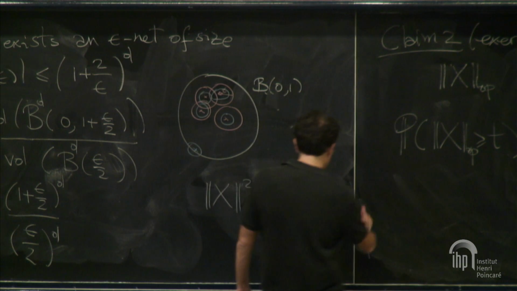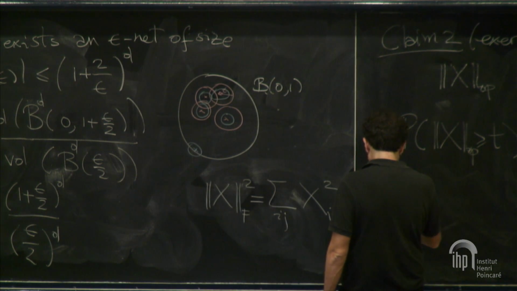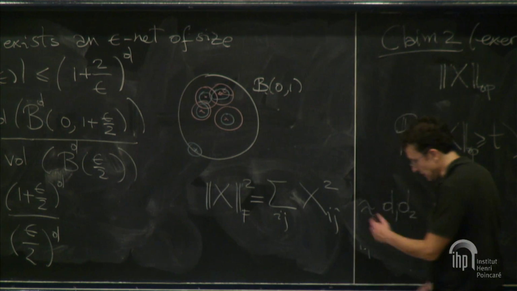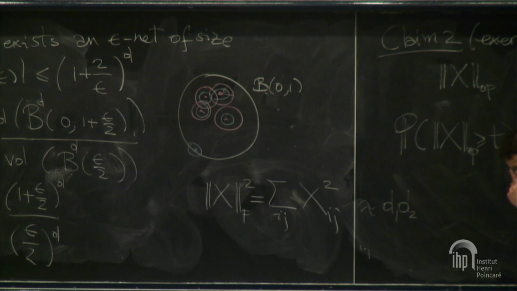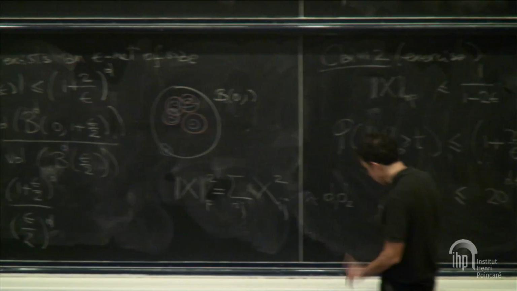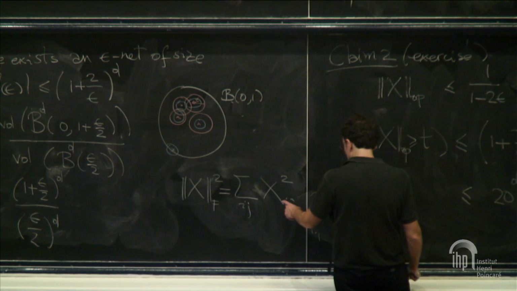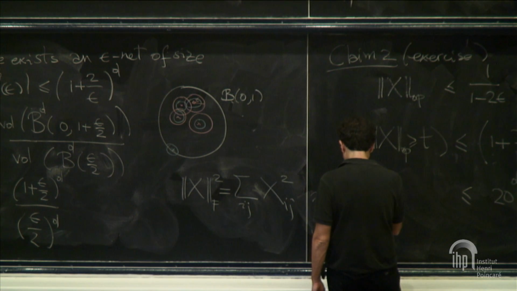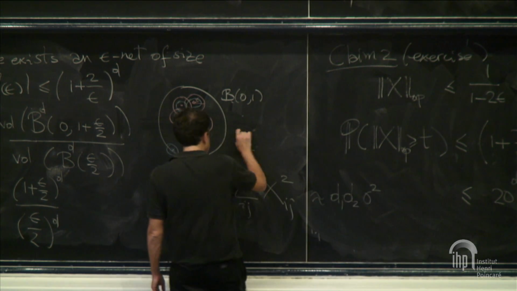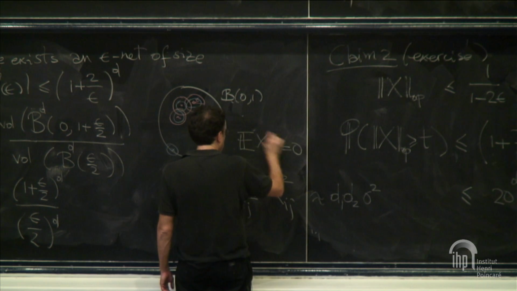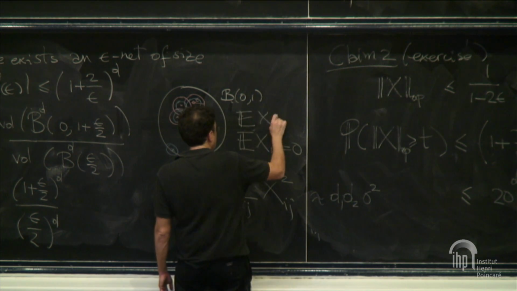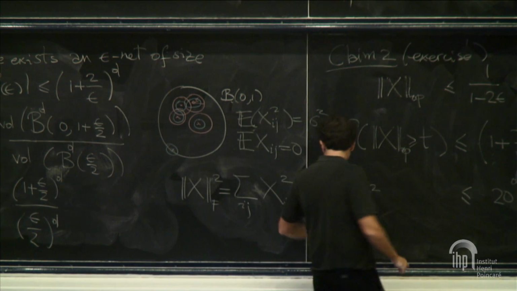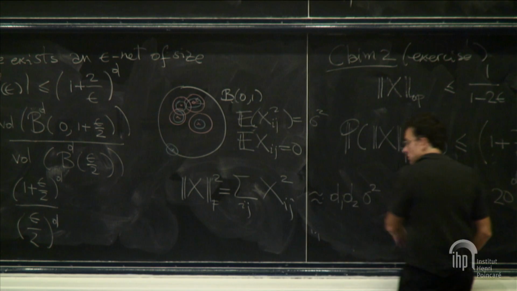So this will be about d1 times d2 times the expectation of this guy, the second moment of this. Let me call it sigma square. So let me say that E of xij is equal to 0, and E of xij square, the variance, is sigma square. So the Frobenius norm squared is d1 times d2 times sigma square.